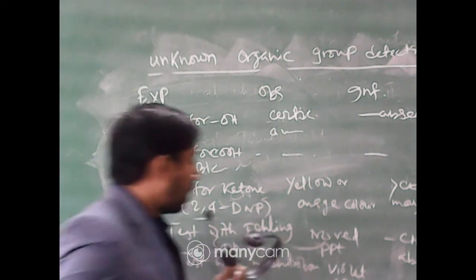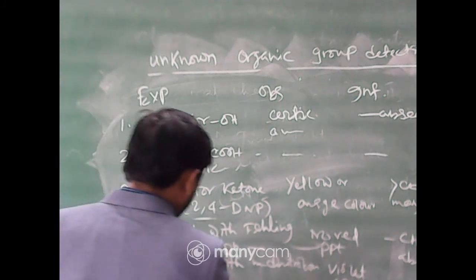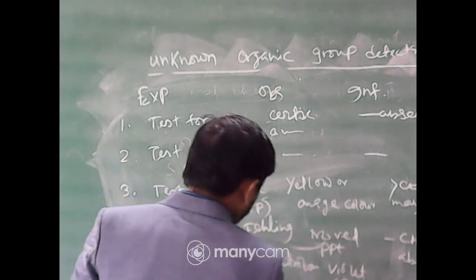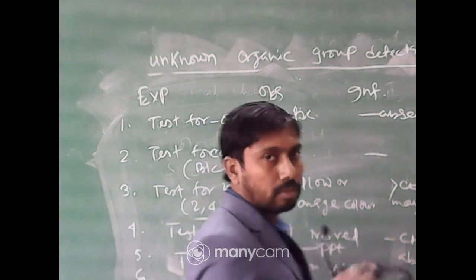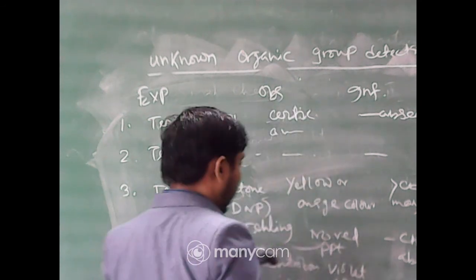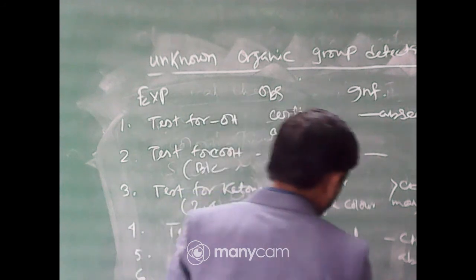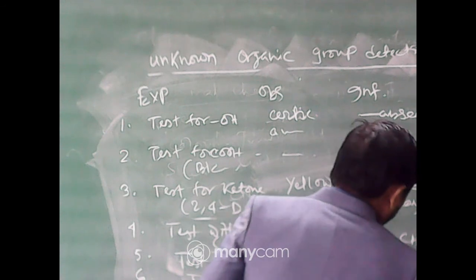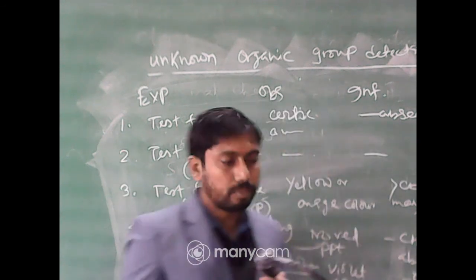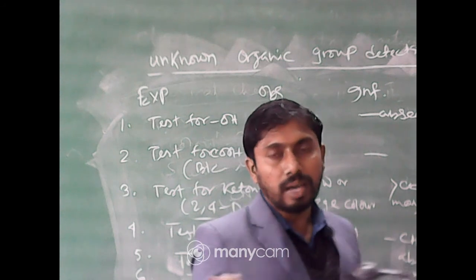Also the number 6, the test with nitroprusside. The common procedure is same, that sample, strong base 1 ml and then add the crystals. Here the nitroprusside, here metadinitrobenzene. Here the red coloration which confirms that keto group. Okay. So at last you will write the conclusion that the given organic sample contains ketone as a functional group.